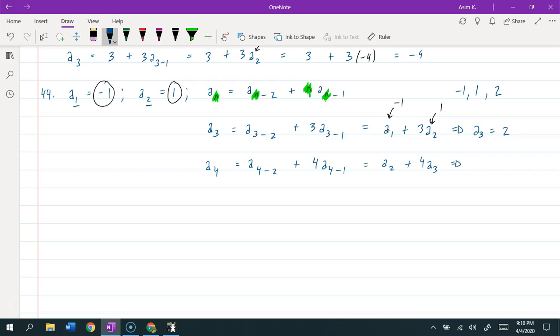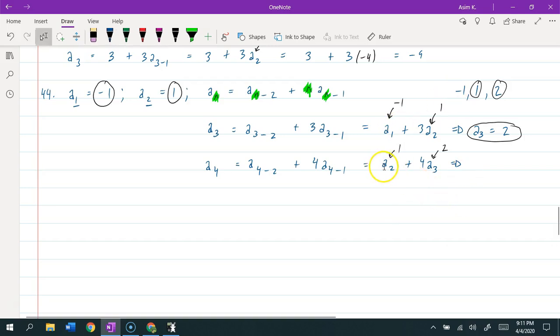And again, it makes a lot of sense that we have those previous 2 terms. Now go back and find what a sub 2 is. A sub 2 is a +1. It's right here. And what is a sub 3? A sub 3 is a 2, right? We found that in the previous problem. That's what makes it so recursive.